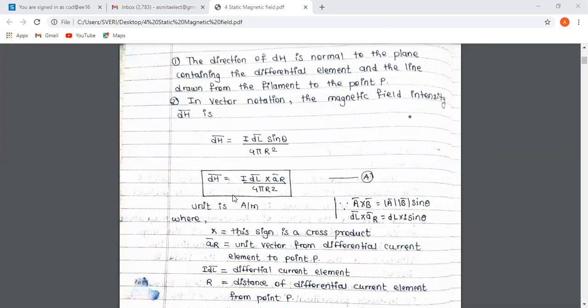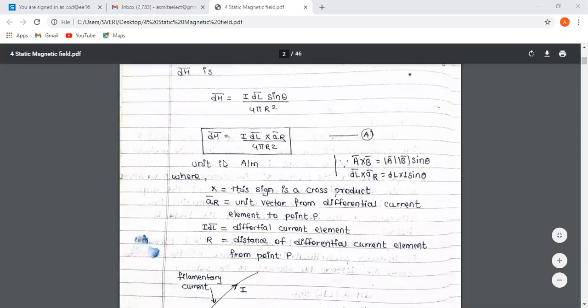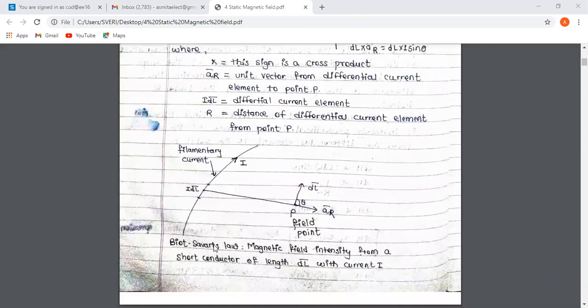So here, the unit of this magnetic field intensity is ampere per meter. Now here the symbols are given, what is meant by a bar r, I dl bar and r.